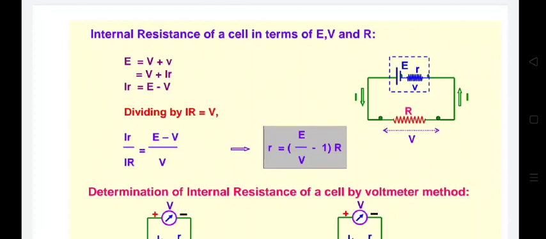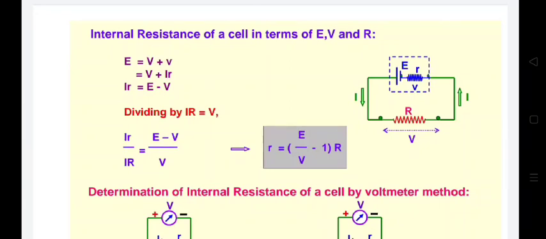When the cell is getting discharged, the terminal voltage is less than the EMF of the cell. But opposite is true in the case of charging of the cell. In the charging of the cell, terminal voltage is greater than the EMF of the cell.